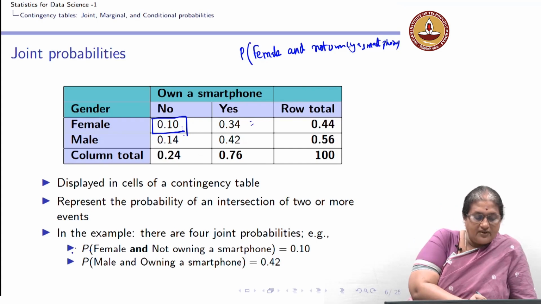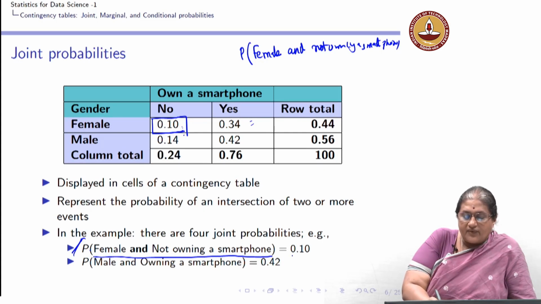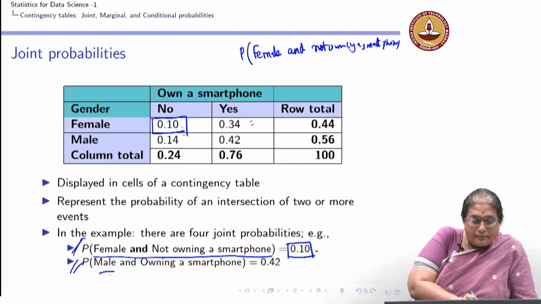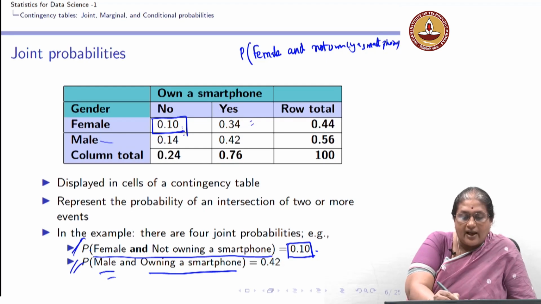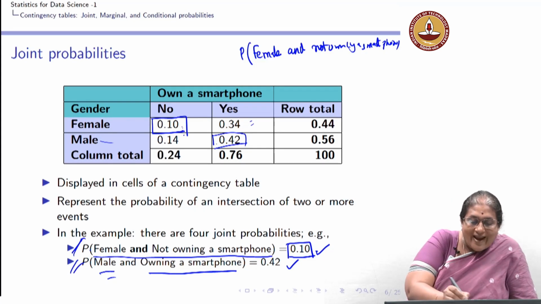That is what I have listed here, and that probability is given to us by 0.10. Probability of a male and owning a smartphone is 0.42. So, what are the entries here?